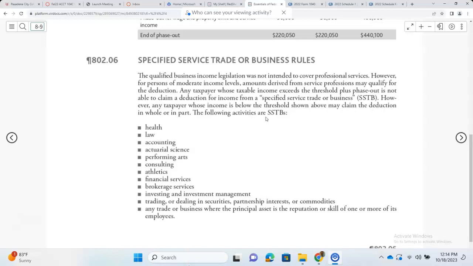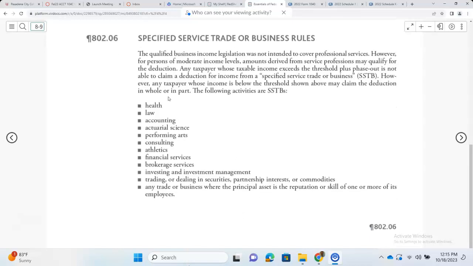The following activities are a specific service, trade, or business, like health, law, accounting, actuarial science, performing arts, consulting, athletics, financial services, brokerage services, investing and investment management, trading or dealing in securities, partnership interest, or commodities, any trade or business where the principal asset is the reputation or skills of one or more of its employees.